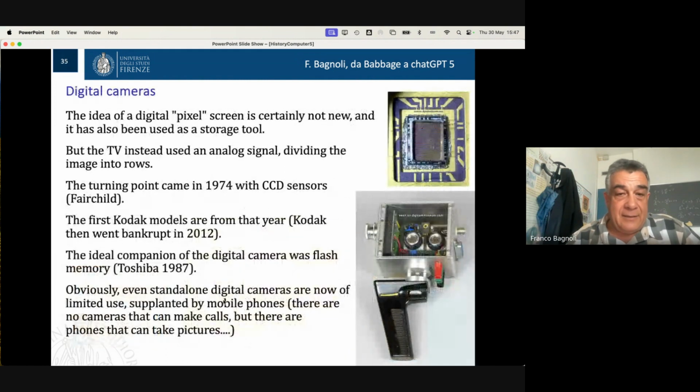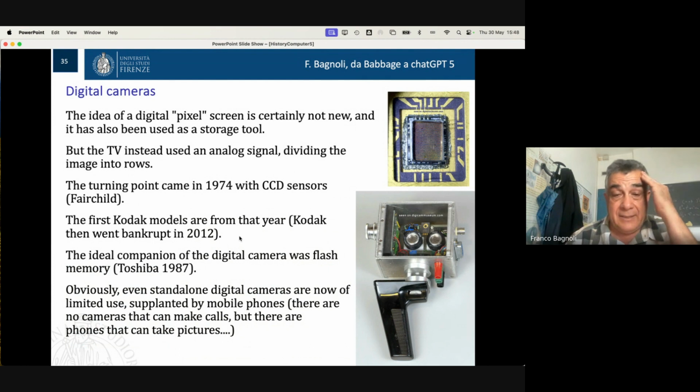And just another application of electronics is in digital cameras. Kodak was one of the enterprises which developed, for instance, CCD sensors or applications of CCD sensors. And finally, Kodak never recovered from this investment, because the idea of Kodak was to develop digital machines and have people print on their technology.